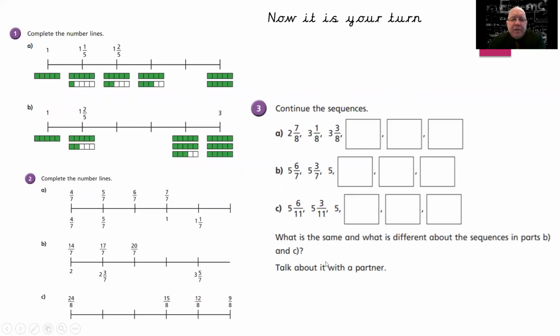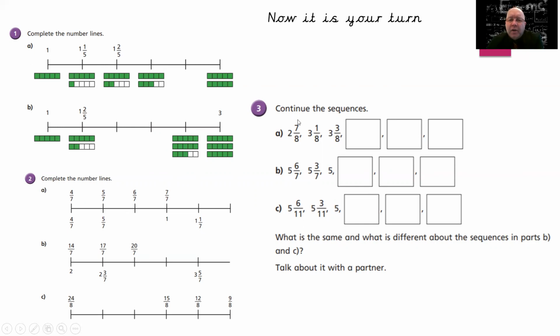Right, your turn. We've got 3 questions here for you to have a go at. The first question 1, we've given you the diagram, the bar chart, together with mixed numbers. Can you complete those 2 sequences, please? Number 2, we've got the improper fraction on the top. We've got the mixed number on the bottom. Can you complete those number sequences, please?